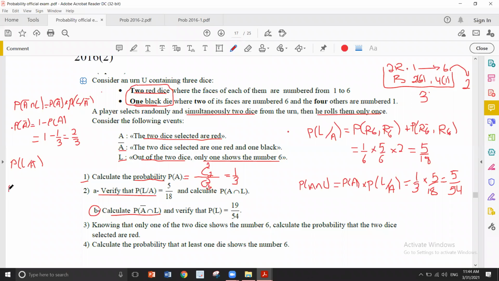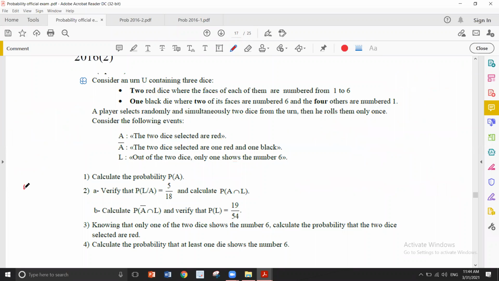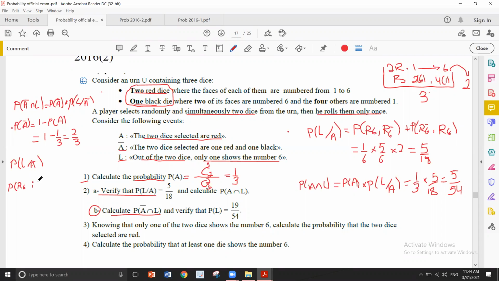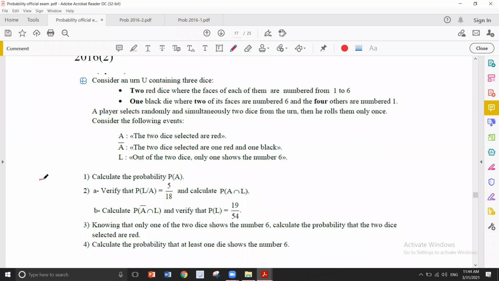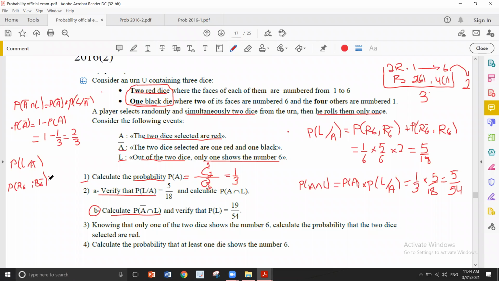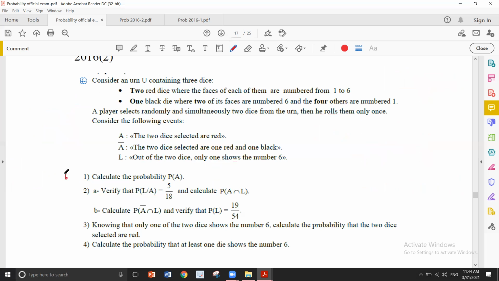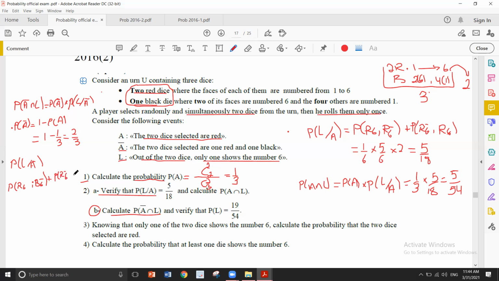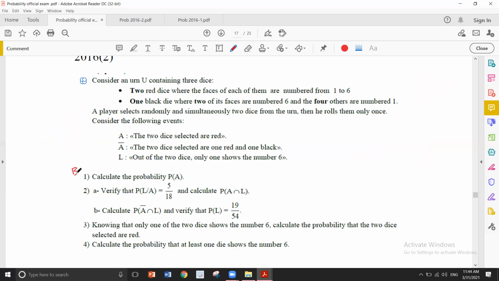So the probability is either the red shows 6 and the black not 6, or the red not 6 and the black 6.